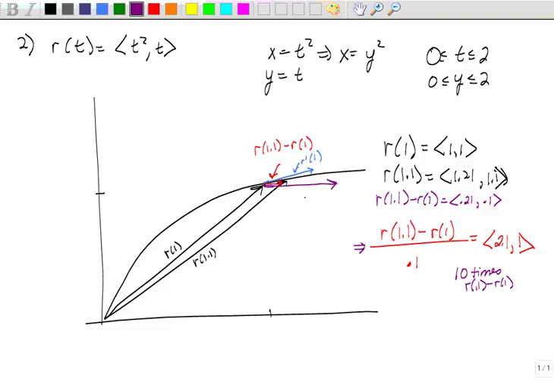But if you had grid paper, you could see that R prime of 1 is pretty much the same as this vector here.